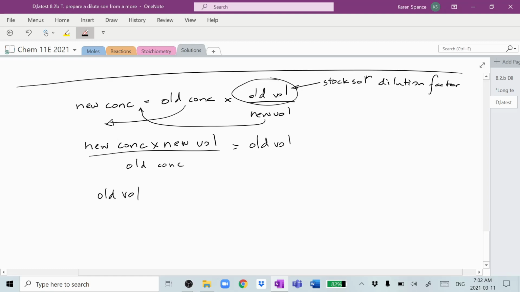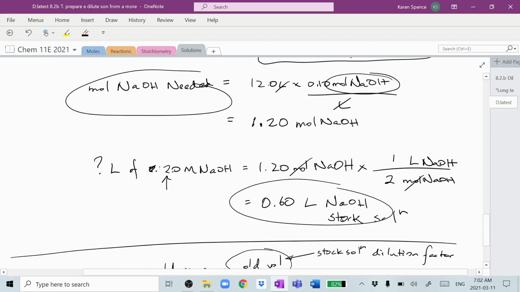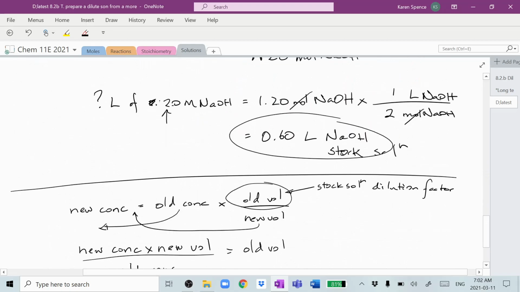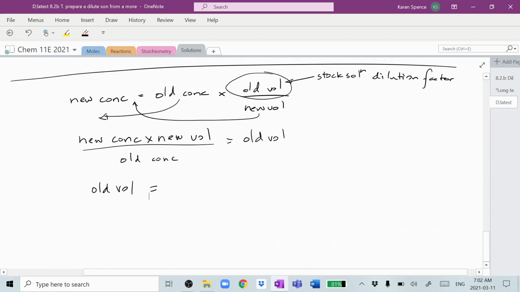So my old volume is equal to my new concentration, which is 0.10 molar, and my new volume is 12 liters.